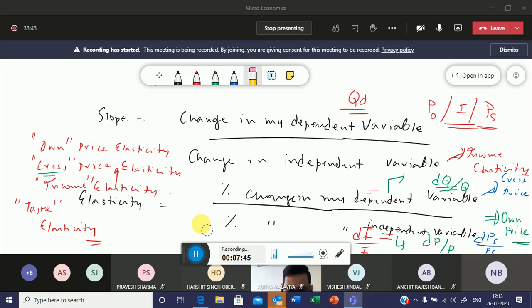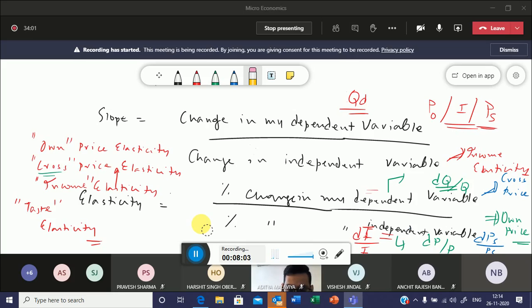In that case, if I'm looking into the cross price elasticity with respect to a complement good, then the sign will be negative, like what we have seen in the context of own price elasticity.